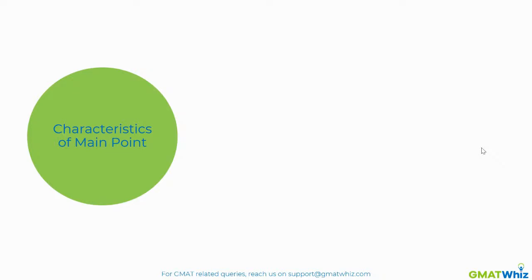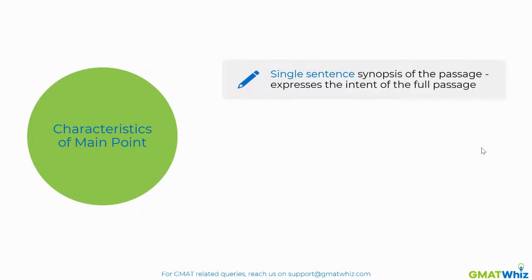One of the main things that you need to understand about the correct answer. Okay, the correct answer has some characteristics. So if you're looking for the correct answer choice, remember these 3 things. It should be, of course, a single sentence summary of the intention of the entire passage. Okay, intention of the entire passage, not the intention of any one particular paragraph or one particular example or one particular idea.